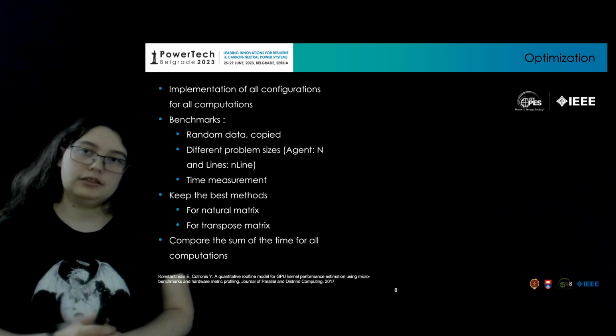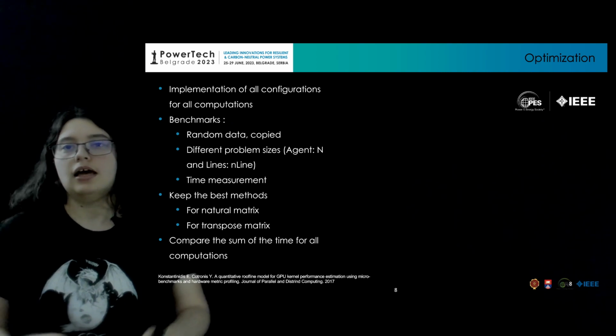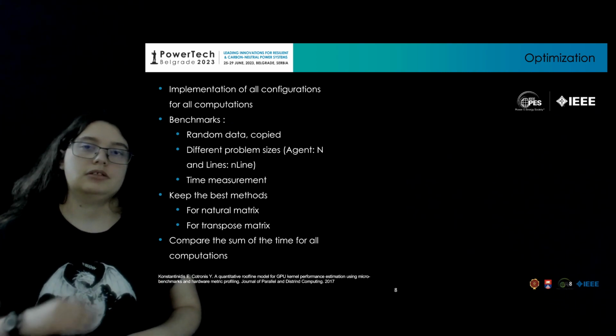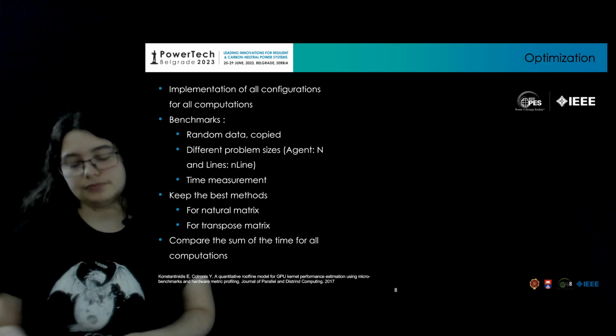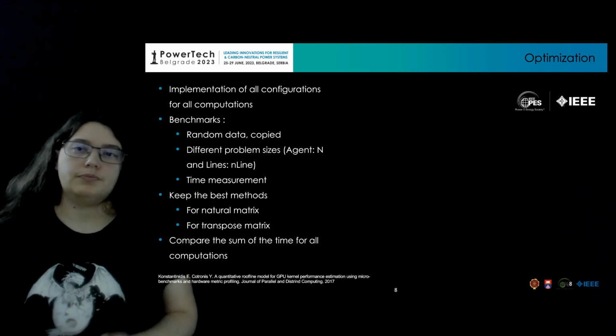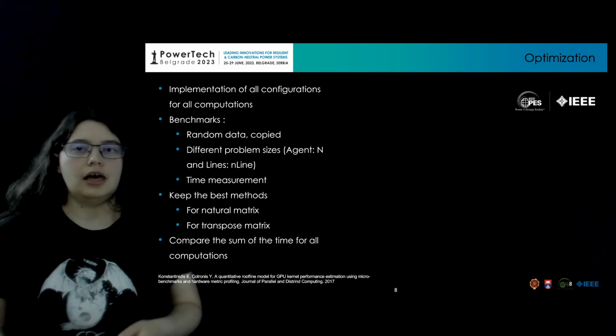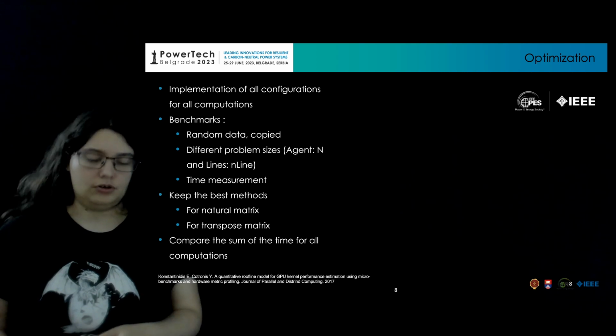I benchmark it with random data which are copied between each test, and different problem sizes with agents and lines that vary, and I measure the time of computation. I kept the best method for the matrix and for the transpose matrix, and I compare the sum of the time for all computations.